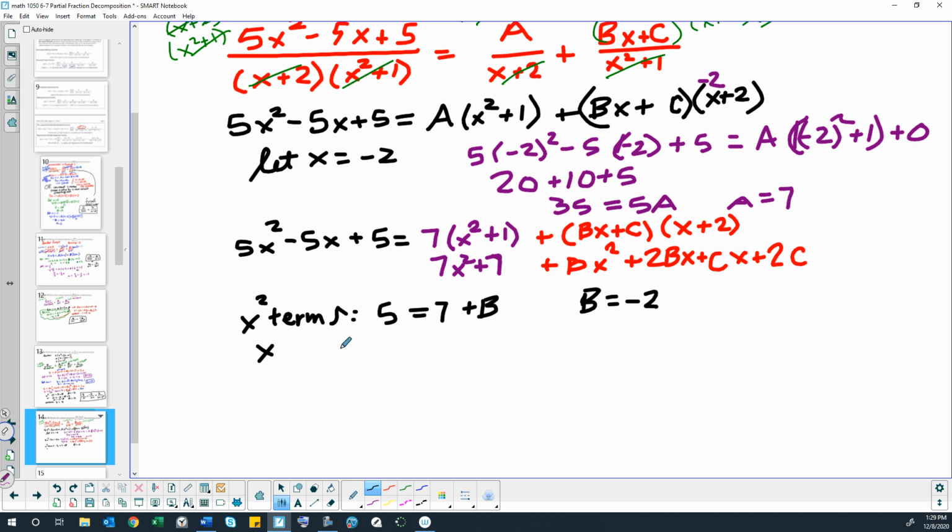Okay, then our x terms will be -5. Alright, so we have -5. And then x terms here we have 2Bx. So we could solve this by substitution. We already know what B is. We could plug that in there. So that would be a -4. We would add it over here. So I think C would equal -1, right?